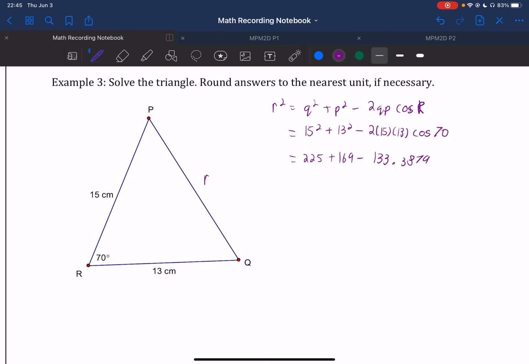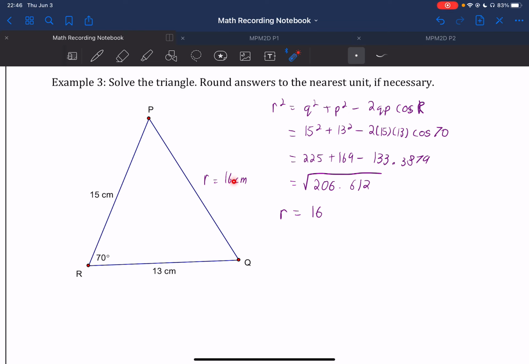At this point, I'm going to square root what I get when I deal with these numbers together, which gave me 206.612, which gives me, rounded to the nearest whole unit, 19. So r is 19. Sorry, not 19, 16. I wrote 16 and I said 19. R equals 16 centimeters.